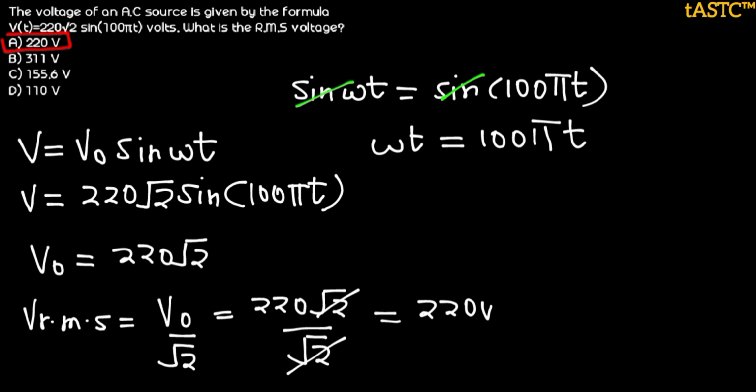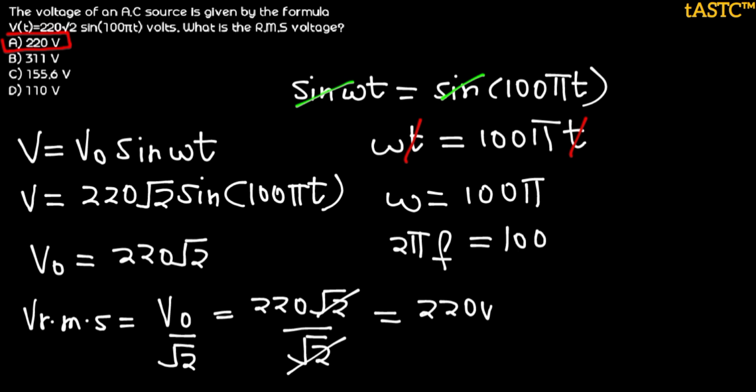This t is also going to cancel. So we're going to be left with omega equal to 100 pi. We already know that omega is 2 pi f. And on this side, we got 100 pi. So as we take pi out, we're going to be left with 2f equal to 100. And so from here, we can see that the frequency is going to be 50 hertz.